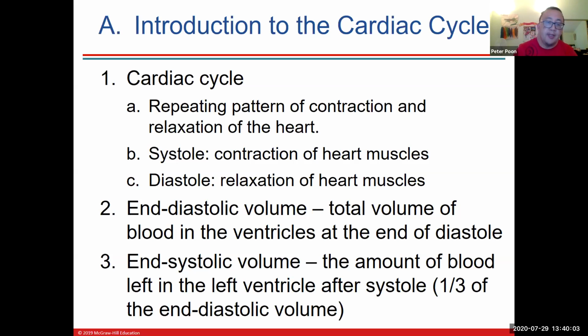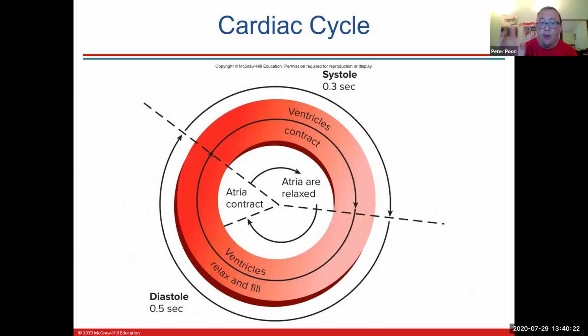And systolic volume is the total amount of blood left in the ventricle after systole. It's usually 1/3 of the end diastolic volume. So your heart doesn't squeeze all the blood out; it squeezes 2/3 of it out, at rest.